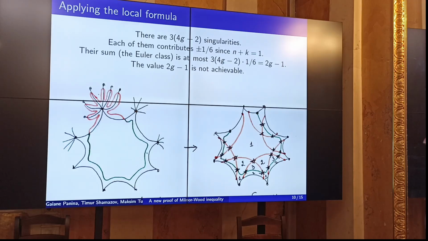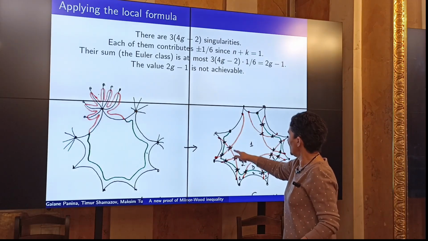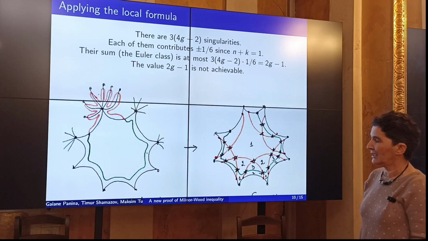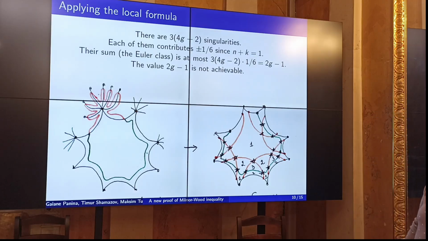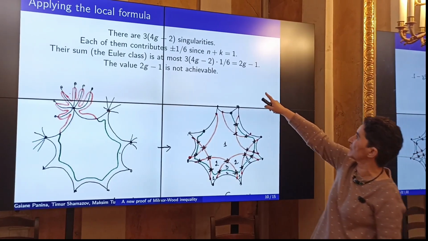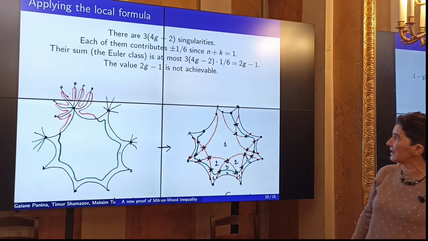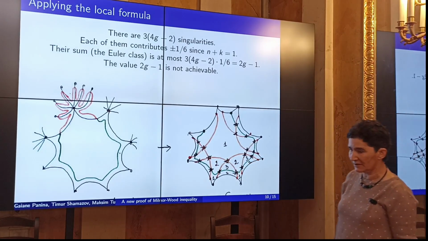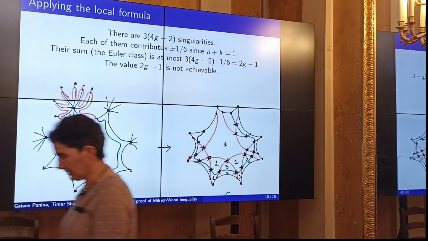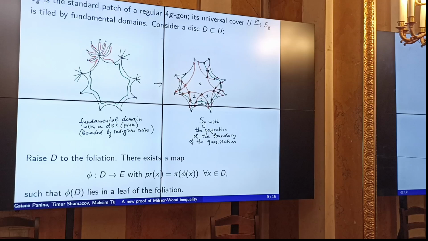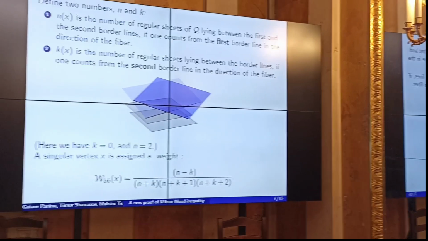All the stars are singular points of one and the same type, and application of the local formula is very easy. As written in the second line, each of them contributes either 1 over 6 or minus 1 over 6 according to the orientation of this picture.